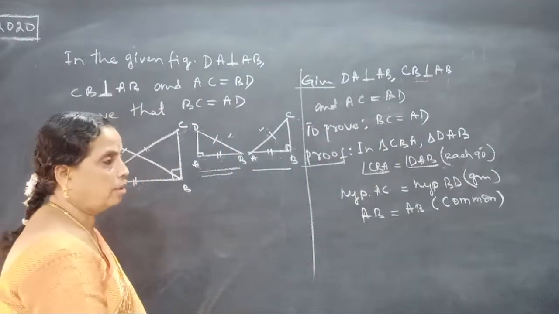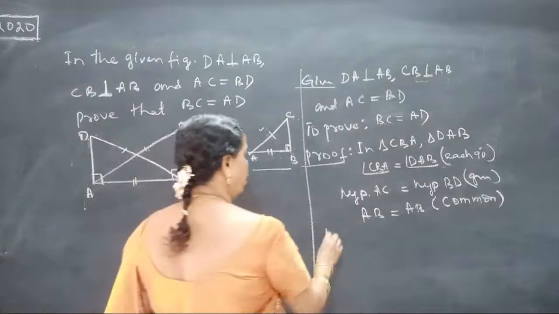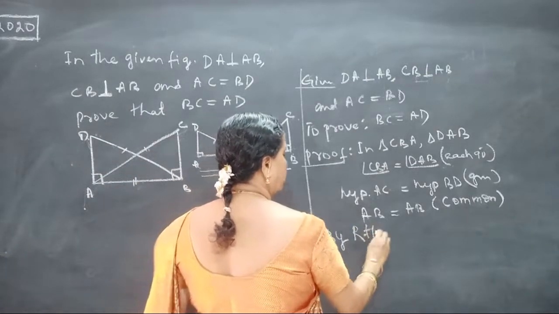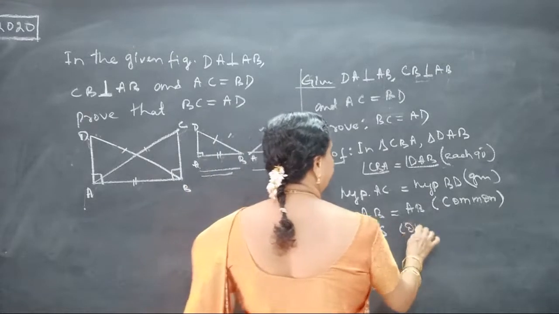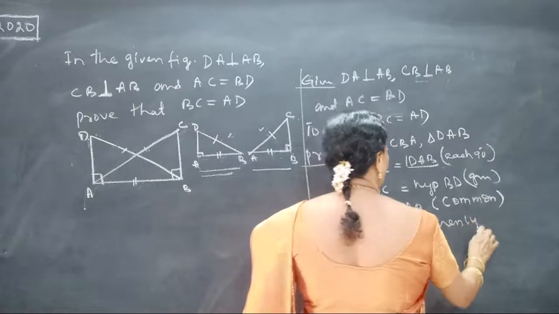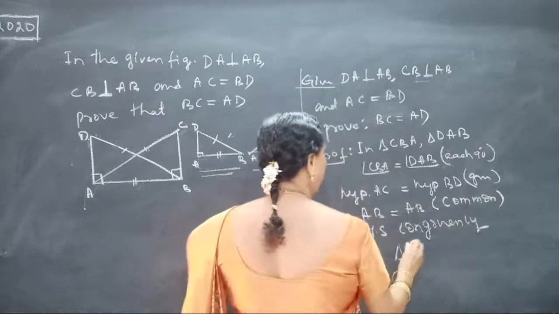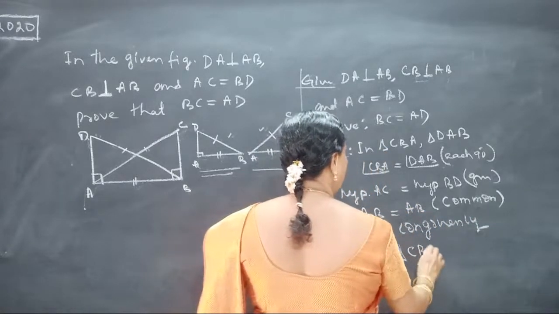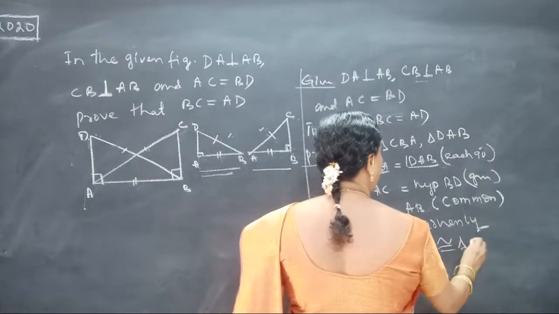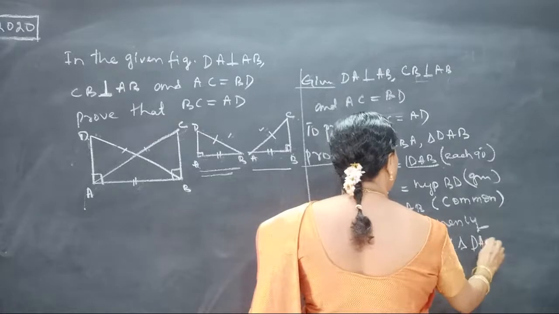Now conclude with congruency. Therefore by RHS congruency, triangle CBA is congruent to triangle DAB.